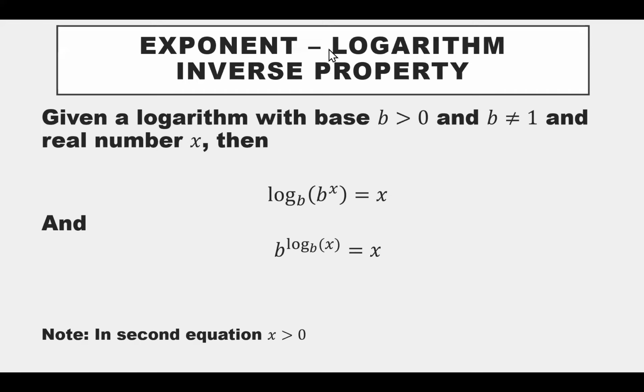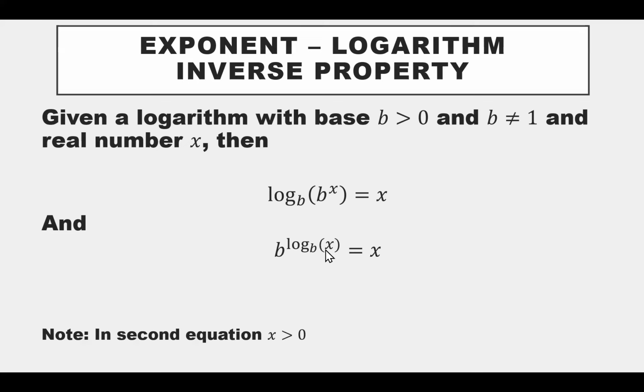So this exponent logarithm inverse property is very important, and it shows us what's going on. Remember, in this second equation, for this to work, we just said x has to be greater than 0. So x has to be positive for this to work because you can't plug in a negative number into the argument of log base b.